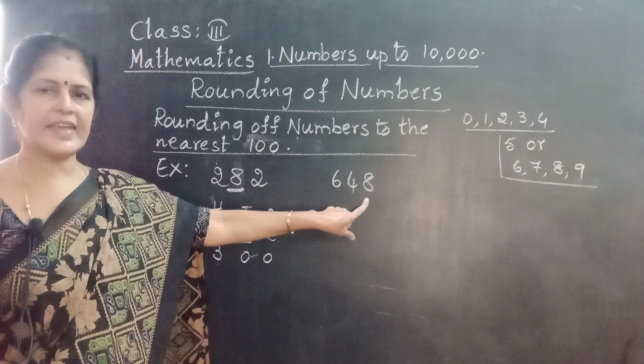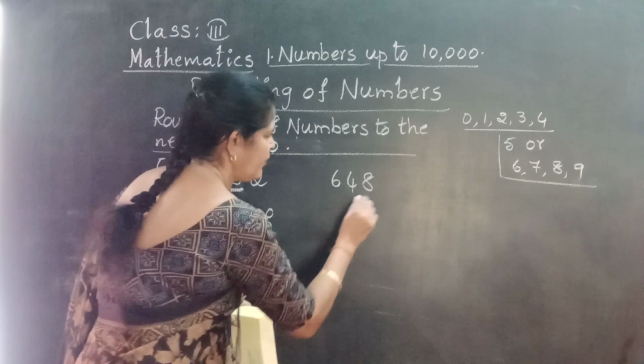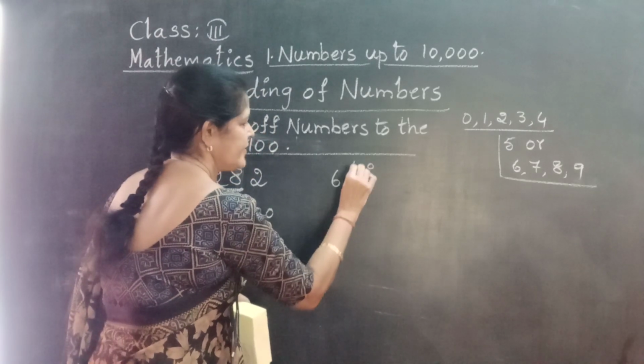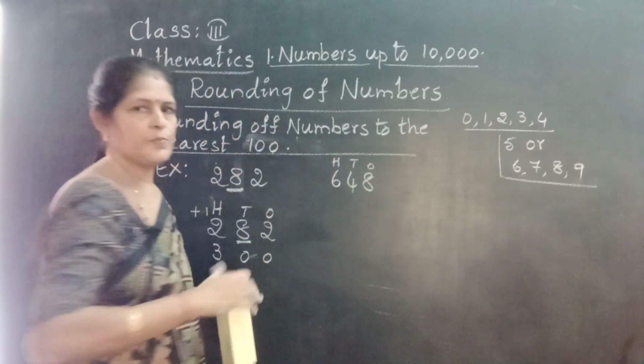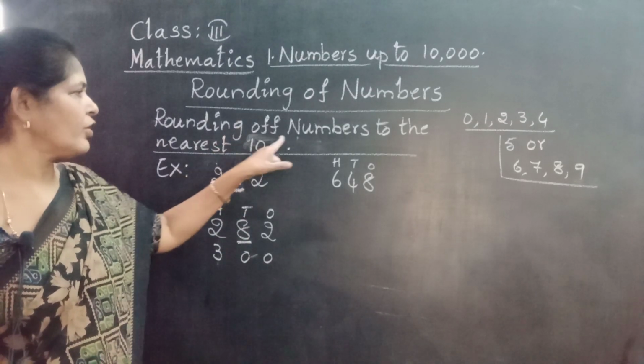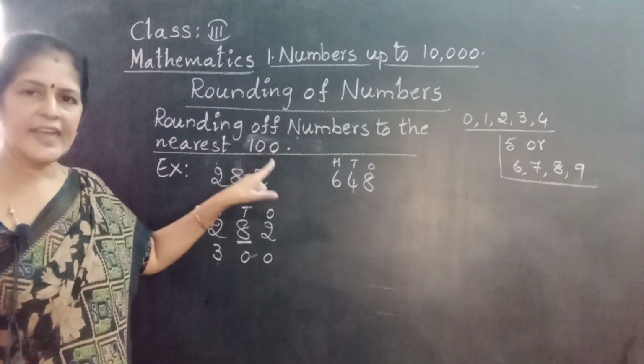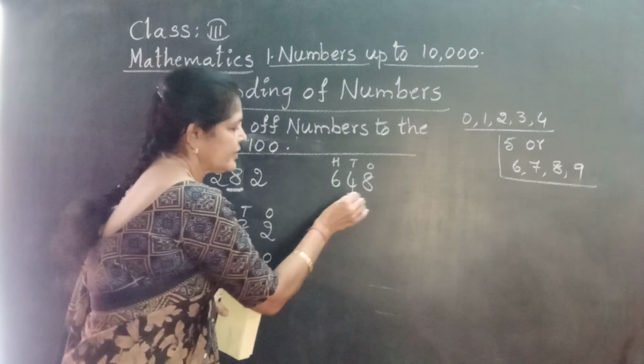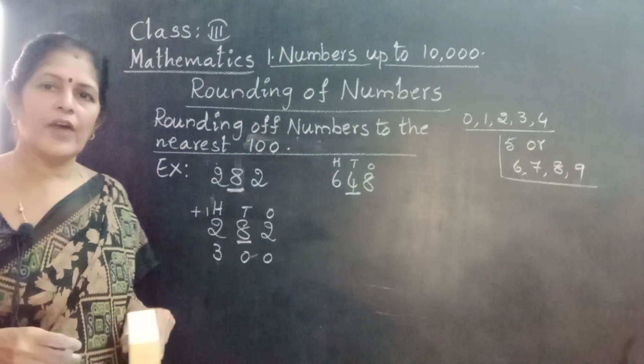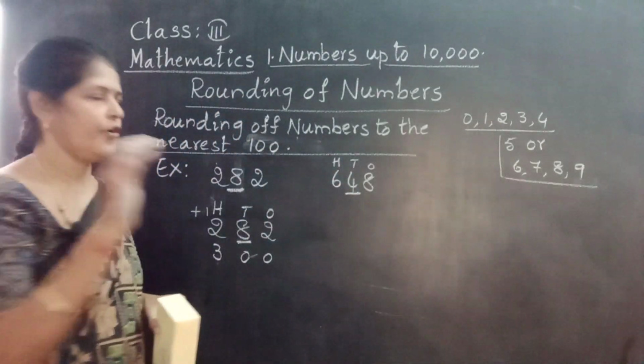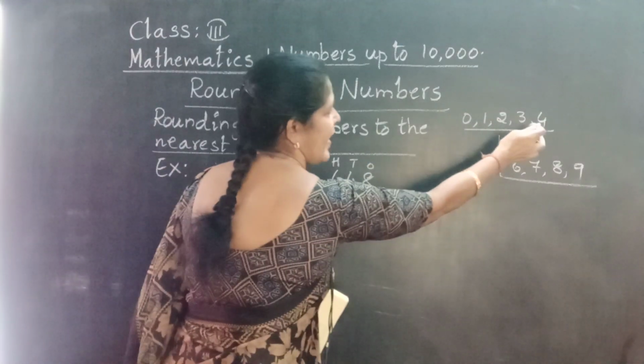Now going to this example, 648. Ones place, tens place, hundreds place. When we are rounding numbers to the nearest 100, check the tens place number. What is in the tens place? 4. 4 is less than 5.